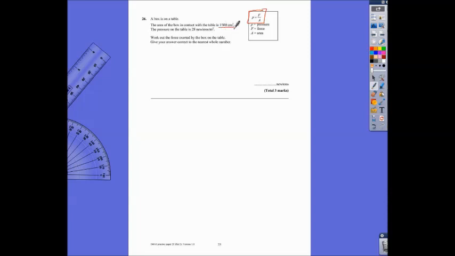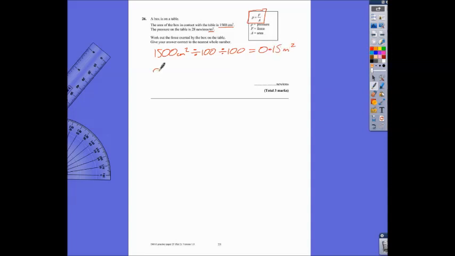So here we've got that the contact area is 1500 centimetres squared, but this is measured in metres squared. So to convert 1500 centimetres squared into metres squared, we need to divide by 100 and then divide by 100 again, because 1 metre squared is 100 by 100 centimetres, which gives us 0.15 metres squared.